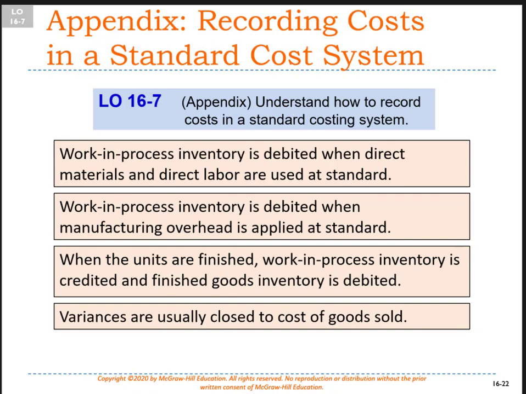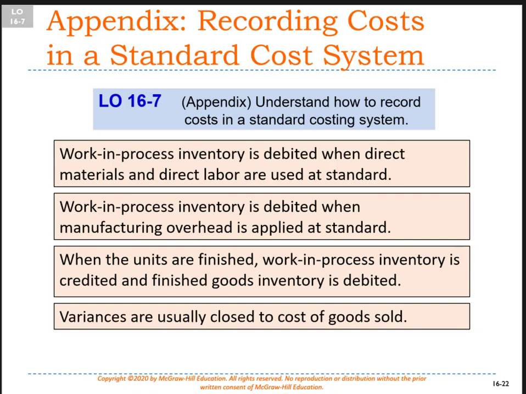Then when we use it out of materials or already in work in process and move it on to the next stage, we would use the standard cost and the standard amount that we use. So if we use more or less than what we planned, we would still move only what we plan to move.